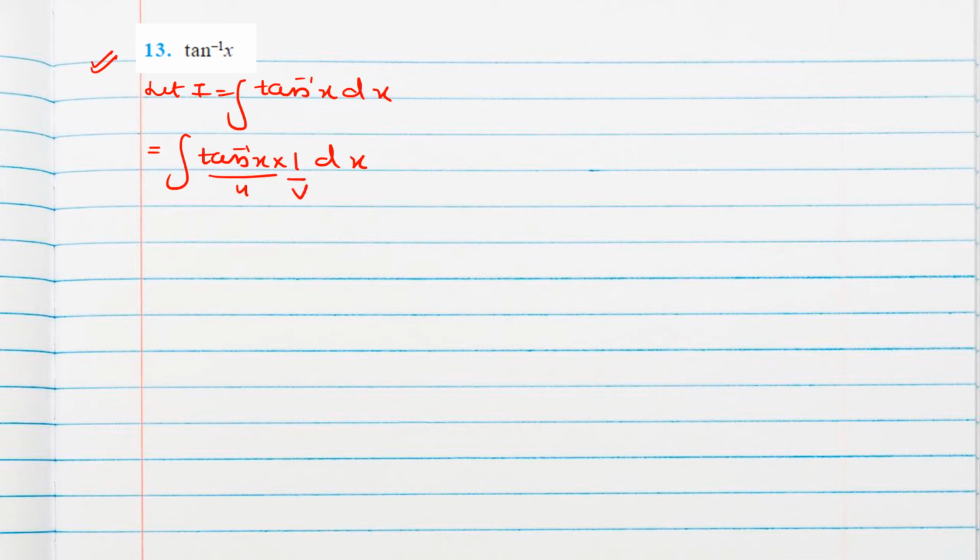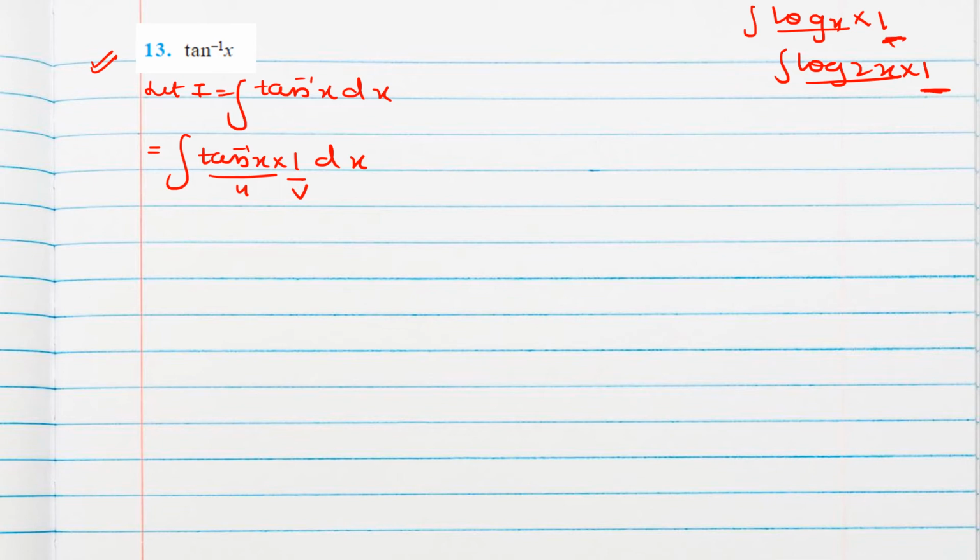The same type can come in this form also, log x, log 2x, like this. If only one function comes, then you can write the second function as 1. Always take the second function as 1.